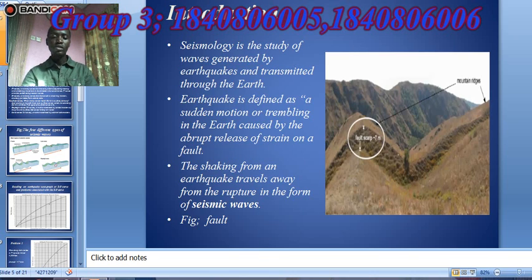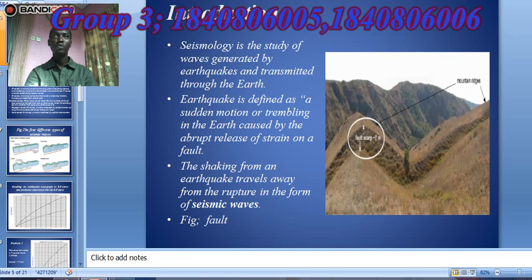Seismology is the study of waves generated and transmitted through the earth, and we all know an earthquake is defined as a sudden motion or trembling, a tremor in the earth, caused by the abrupt release of strain at a point. The shaking from an earthquake travels away from the rupture in the form of seismic waves.